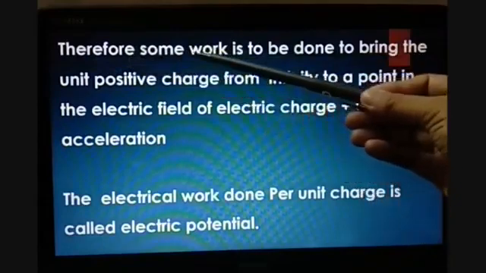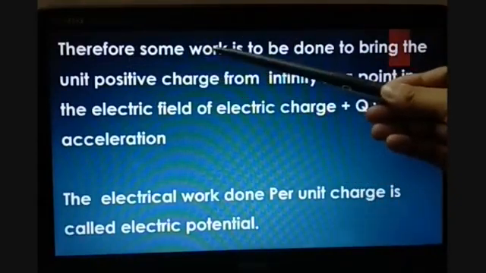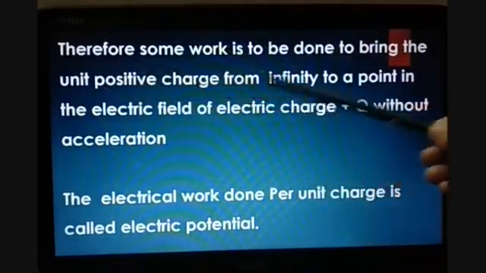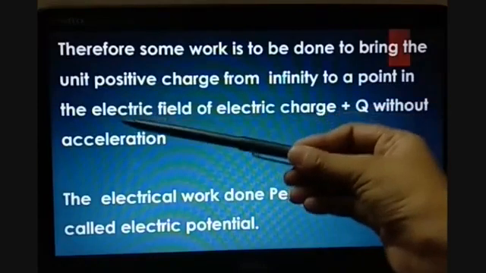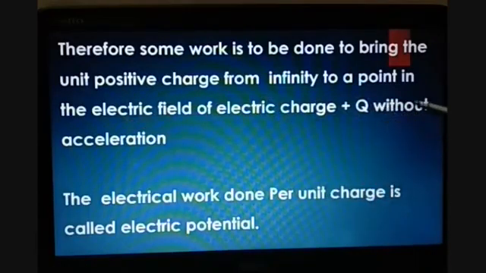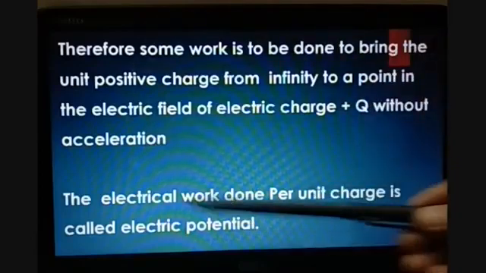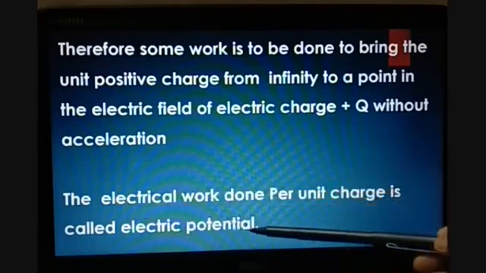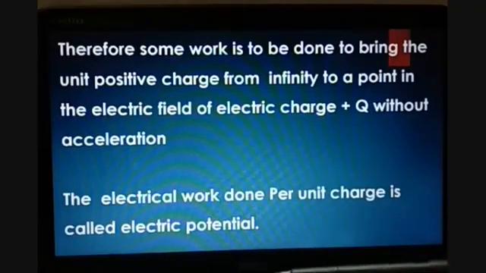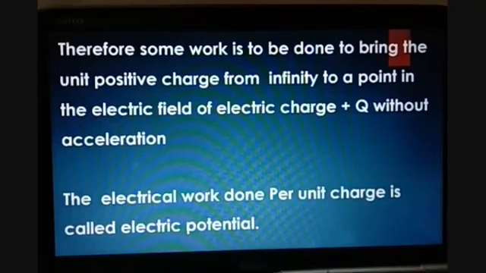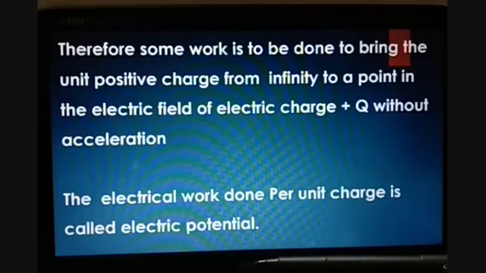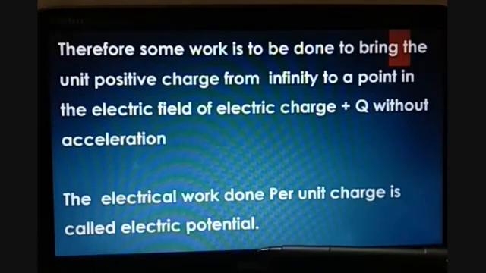Therefore, some electric work is to be done to bring that unit positive charge from infinity to a point in the electric field of electric charge Q without acceleration. The electric work done per unit charge is called electric potential, or you can say the work done per unit charge to bring it from the infinite position to a particular position in the electric field without accelerating the particle.